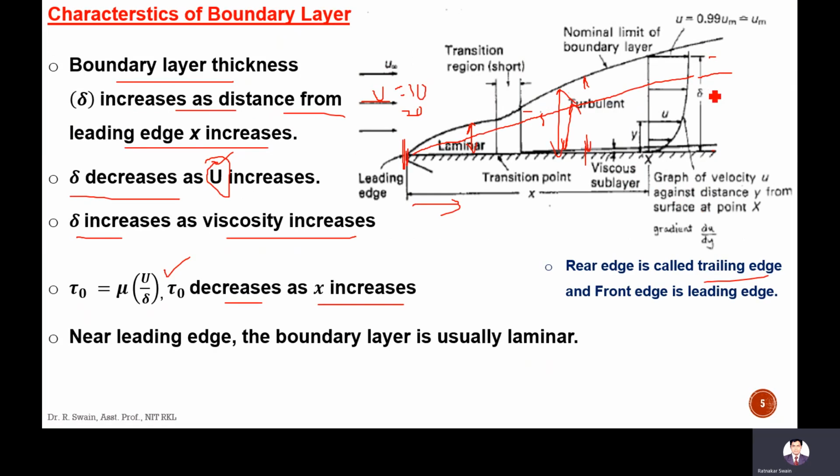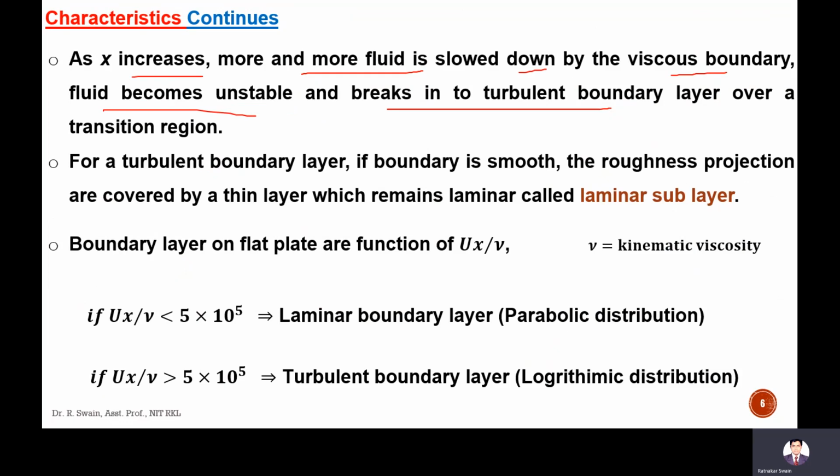Like here, this is the turbulent region. Here the fluid becomes unstable, and the fluid motion will be in a zigzag manner. So at this point the flow will be like this. It will be the turbulent region, turbulent boundary layer.